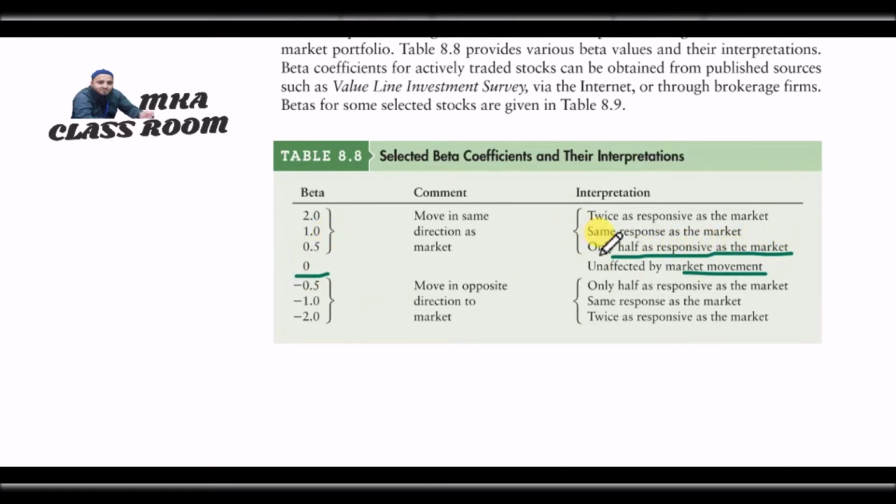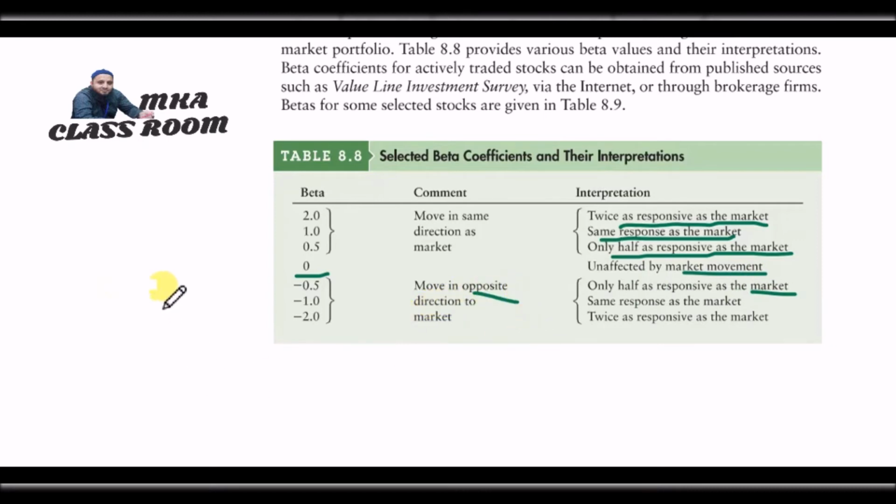Whenever it is 1, same response as the market. 2, twice as responsive as the market. Whenever beta is negative, that means opposite directions. So minus 0.5 is only half as responsive as the market. Obviously that is the opposite response.